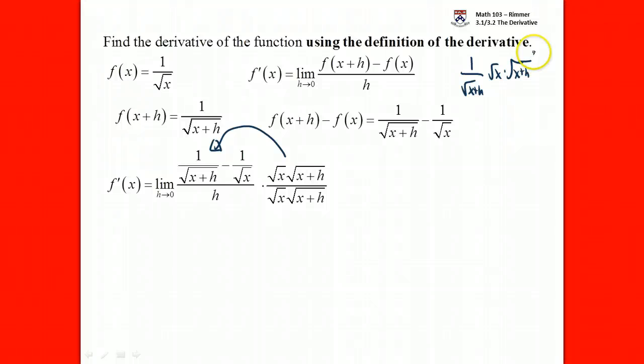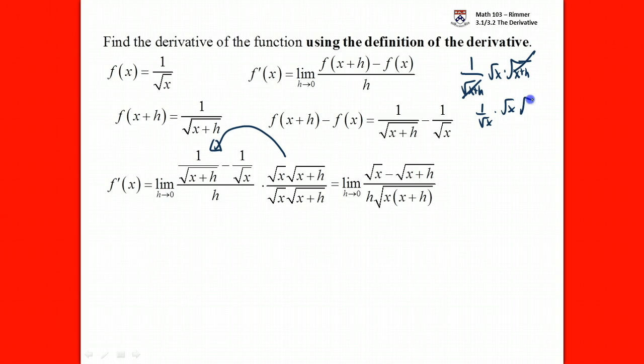The root of x. Thank you. These cancel. Now we have 1 over root x, and we multiply that by the same thing. The root x is canceled, and we get root x plus h. Great. Now, be careful. There's a minus sign on that second part of the distribution. So there's a minus sign here.